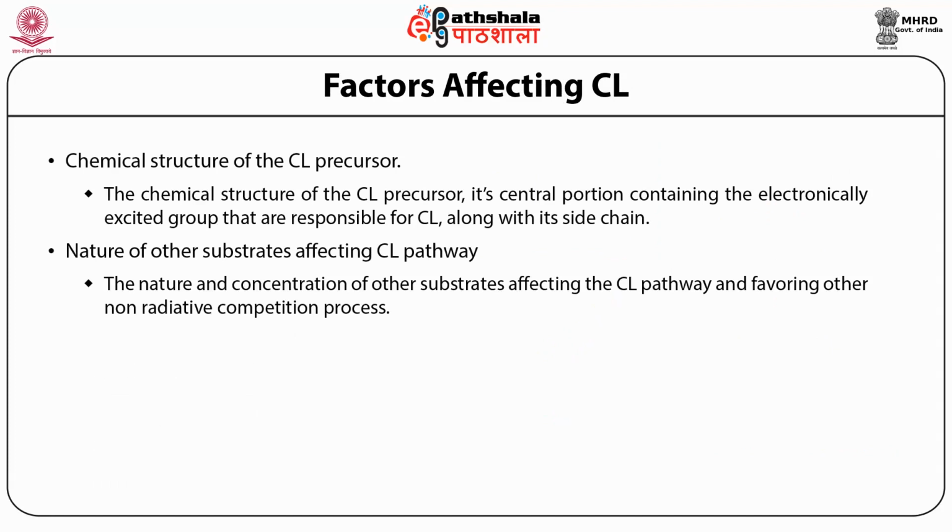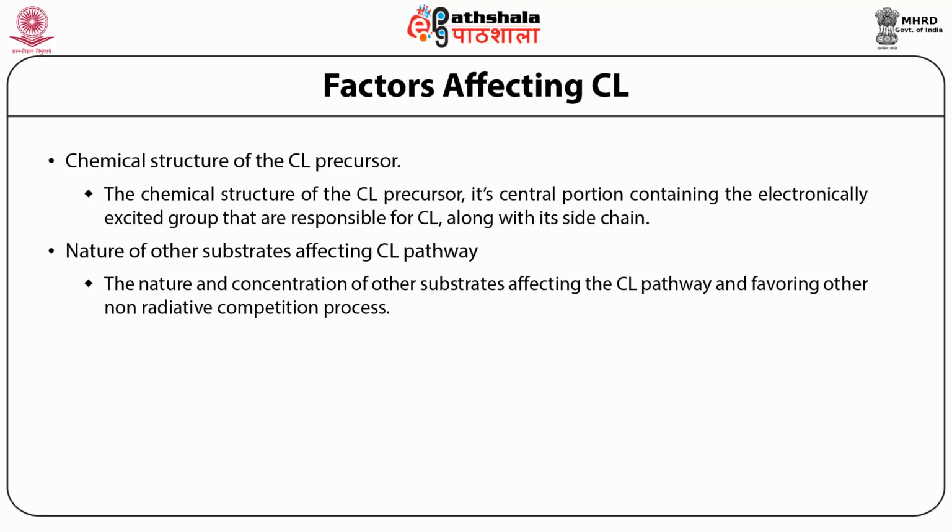There are a large number of factors that affect the chemiluminescent reactions, or we can say the process of chemiluminescence. First and foremost, we know that chemiluminescence is a process which occurs due to reaction of two reagents or two chemicals. That means the chemicals, their concentration, their structure is very important for chemiluminescence, and they will decide what type and amount of light is produced.